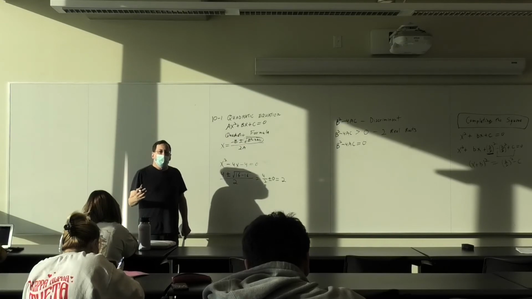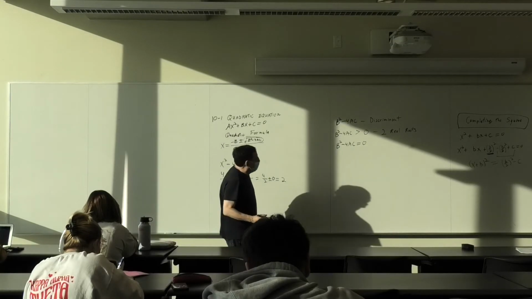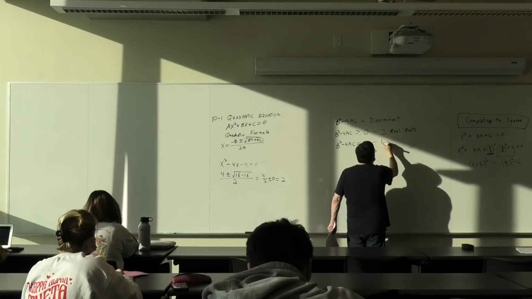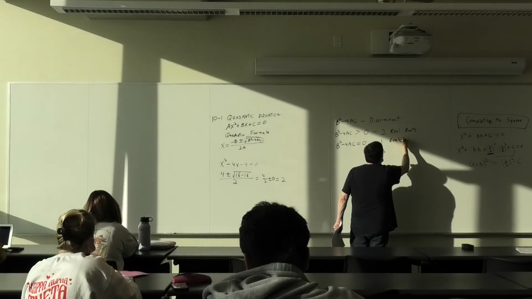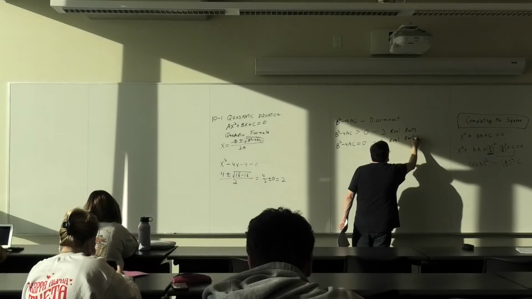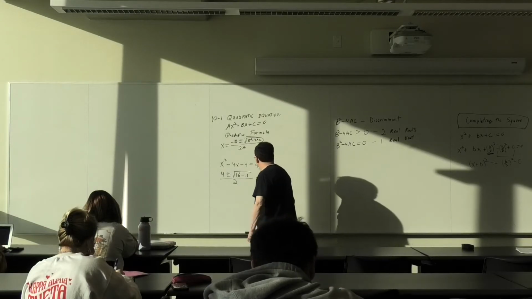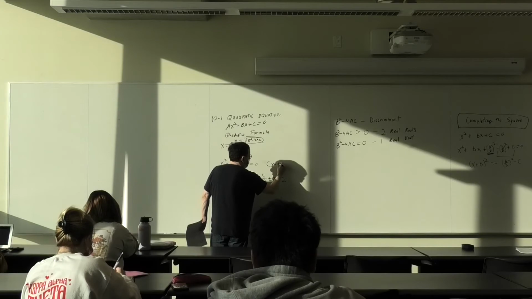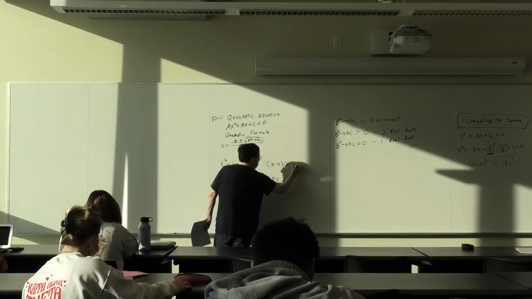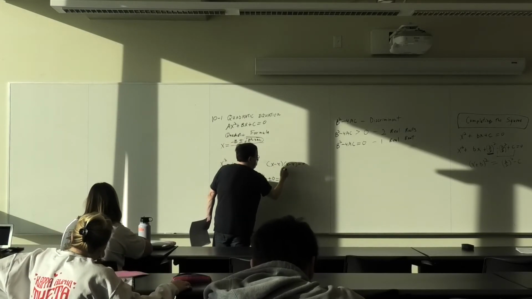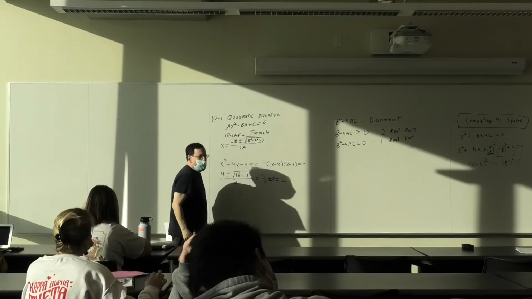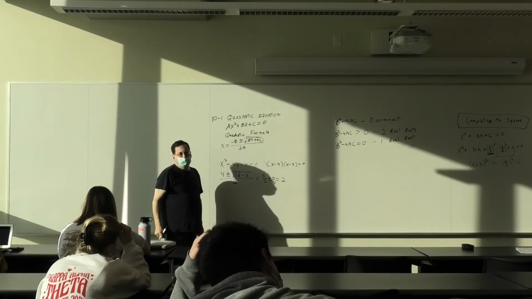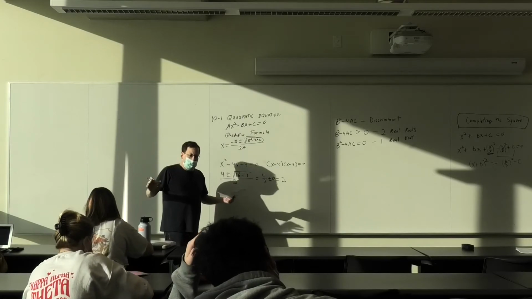Okay, we just get one root. If I were to factor this, you'd see x minus 4 times x minus 4. It's kind of like we have two roots, but they're the same number. So that's the second case.